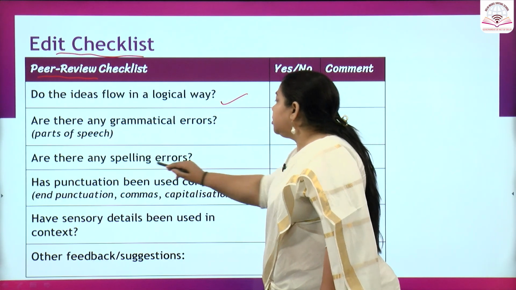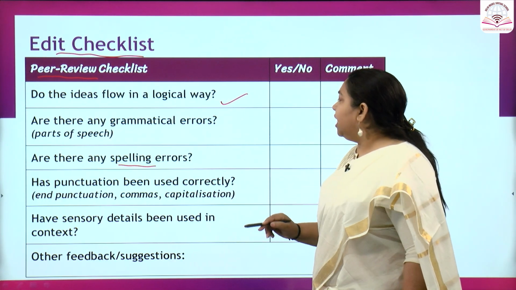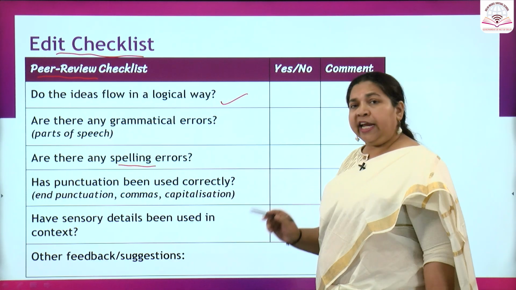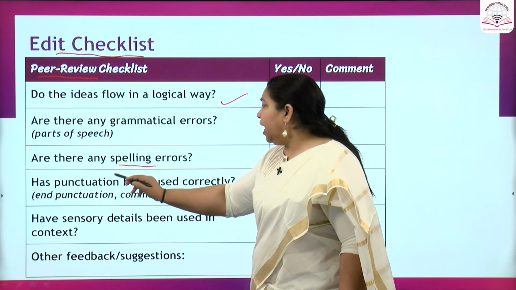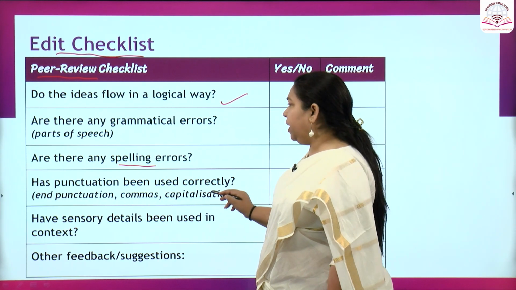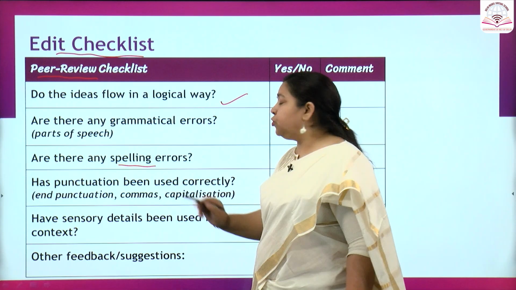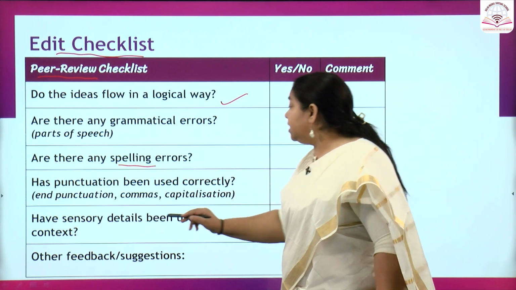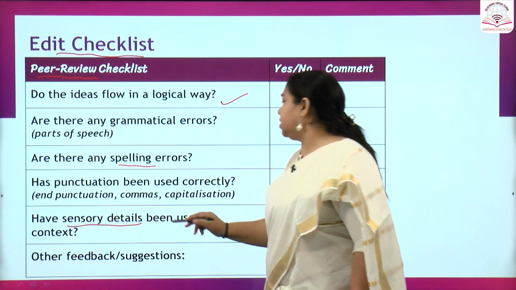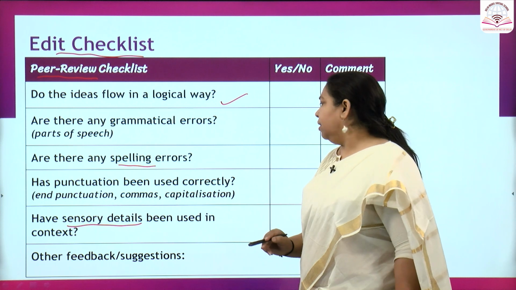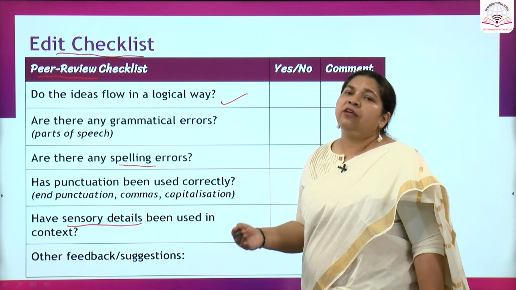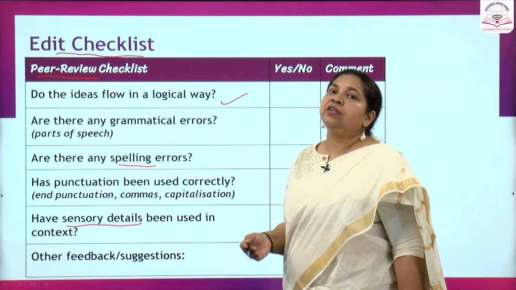Are there any spelling errors? Has punctuation been used correctly? Punctuation like commas, capitalization, end punctuation. Have sensory details been used in context? And then whether any other feedback or suggestion is required.